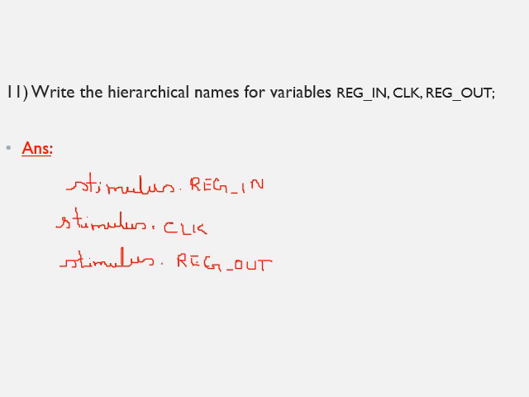Okay. So since these are the signals in the stimulus module, for the hierarchical name you first have to mention the name of the module followed by a period and the signal name.